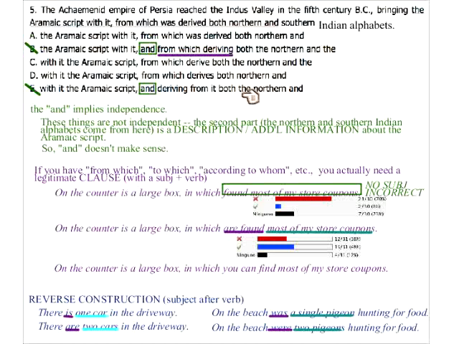Importantly, that's the same construction that is used in all of these remaining answers, one of which has to be the correct one. So you have the from which, that's a verb, that's a verb, that's a verb. And then here you have subjects. So that's going to be a subject.